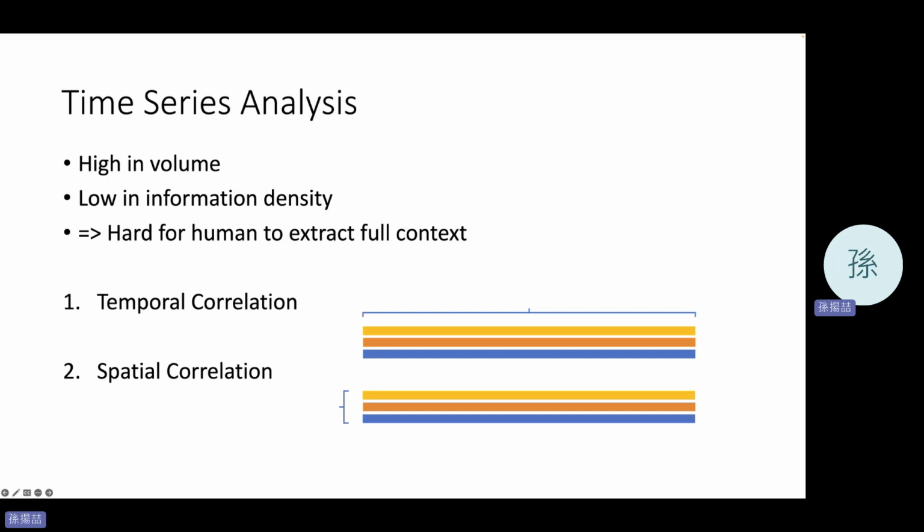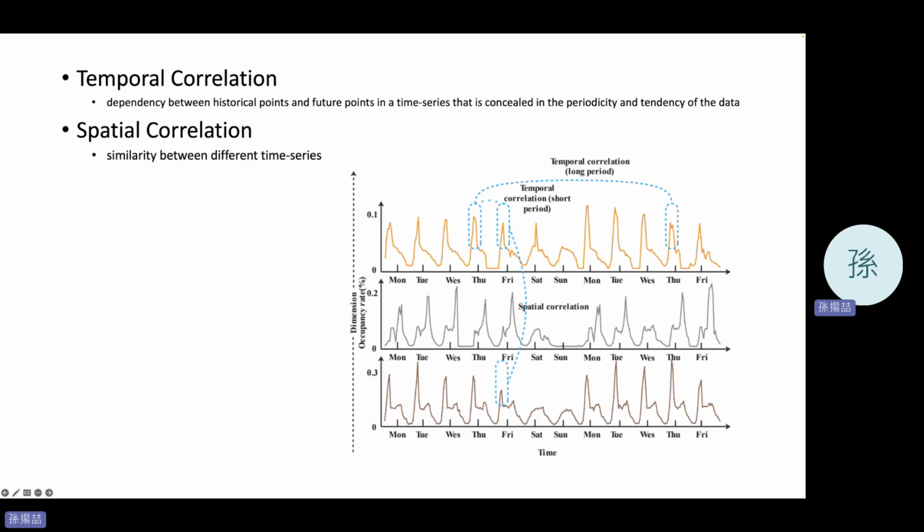To better systematically analyze the data, we classify two main tasks, which are temporal correlation and spatial correlation. In temporal correlation, the main goal is to analyze the similarity and the dependency between historical points and future points in the time series, which is concealed in the periodicity and the tendency of the data.